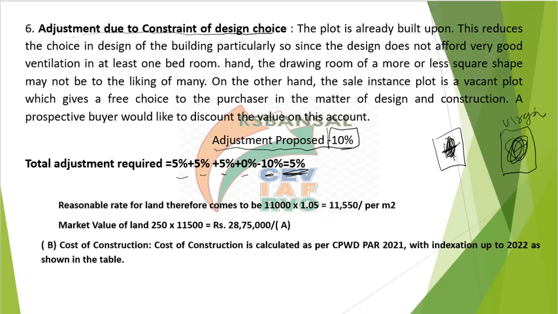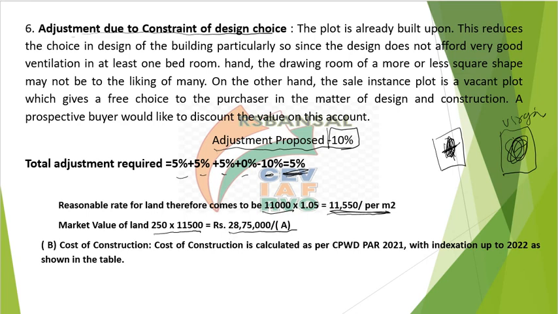So 5% of 11,000, the value of land becomes 11,550 per square meter. So market value of the land is 250 into 11,500, 28 lakh 75,000. So this is the market value of the land.